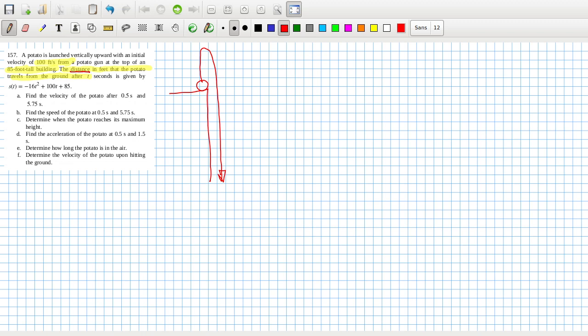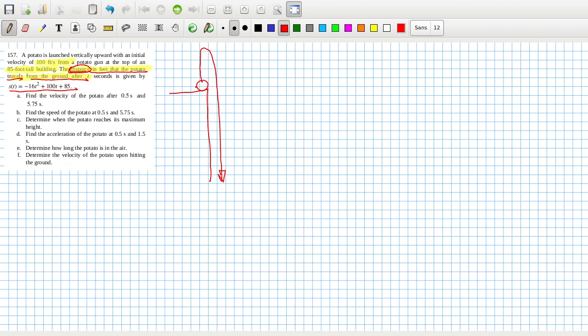The distance in feet that the potato travels is given by this. From the ground? Oh, I think this is meant to say position, not distance, because you can't say the distance from the ground, because it didn't start from the ground.